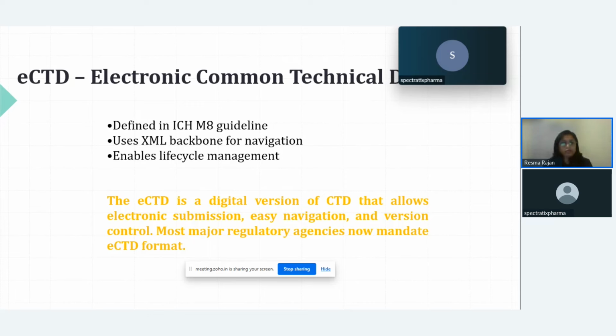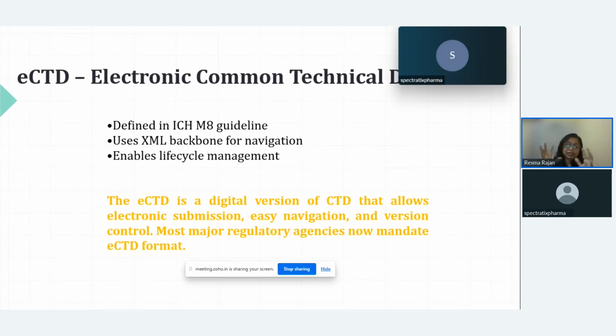But now there is an electronic common technical document requirement. The US, EU, UK, Japan, and many Southeast Asian countries require the dossier only in eCTD format. There will be an XML backbone, so you will have the documents, but with hyperlinking.